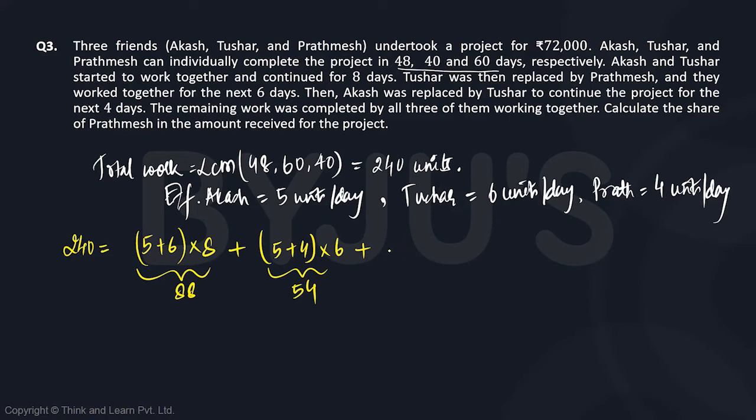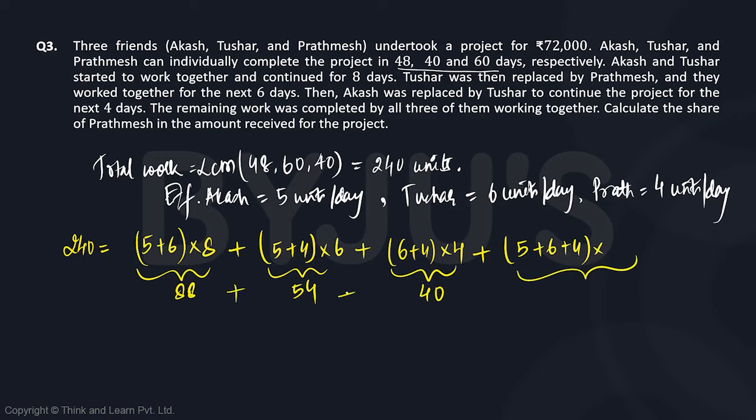And then Akash left and Tushar came in. So Tushar and Prathamesh are going to work together for the next 4 days. So this is going to be 10 into 4, that is 40 units. And then the remaining work was completed by all three of them, which is 5 plus 6 plus 4. If we count, the total amount of work so far has been 88, 54, and 40, which is 182 units.